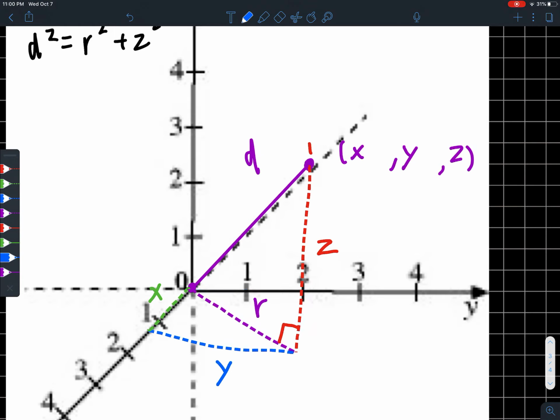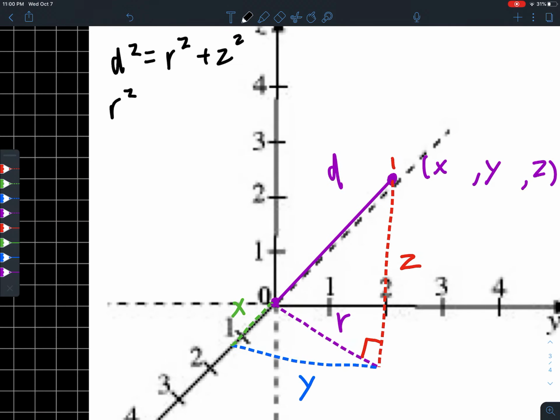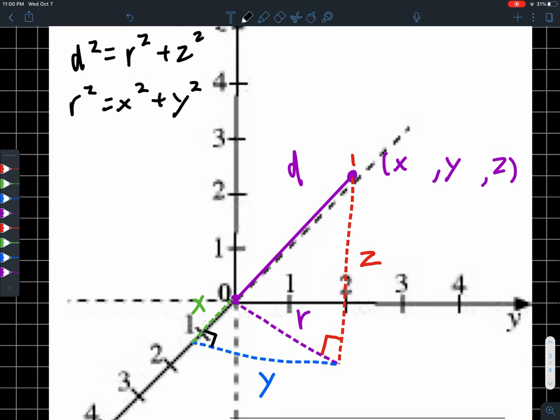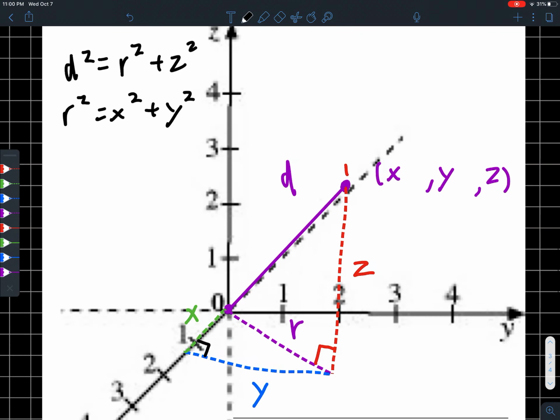All right. So by this, we know that r squared equals x squared plus y squared. Right? Pythagorean theorem. Right triangle. R is the hypotenuse, x and y are the legs. But what that means is that d squared equals x squared plus y squared plus z squared.